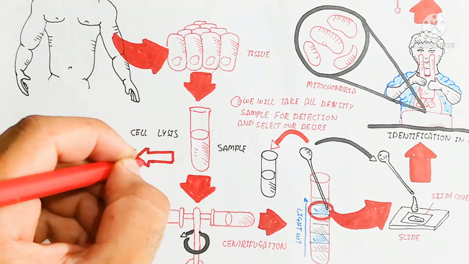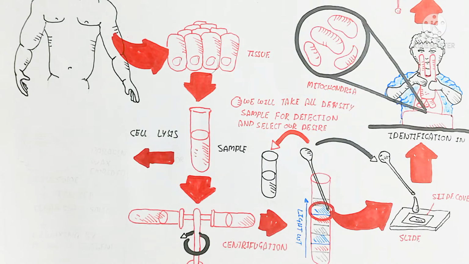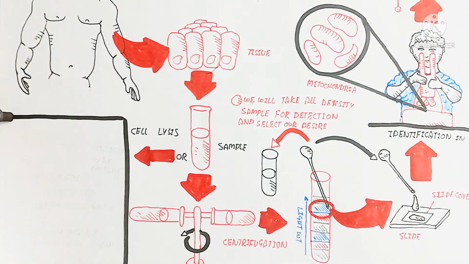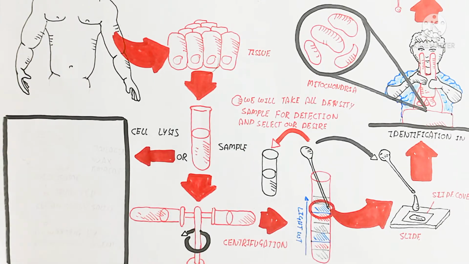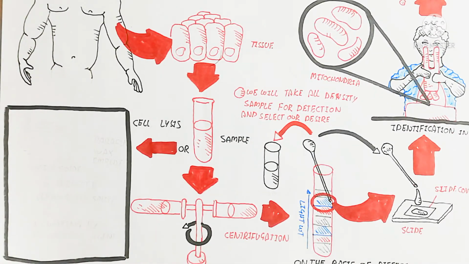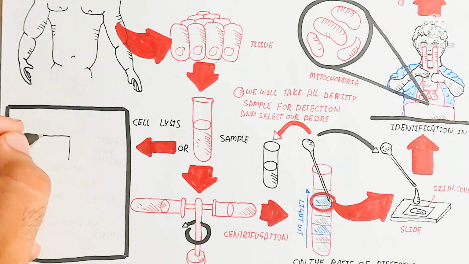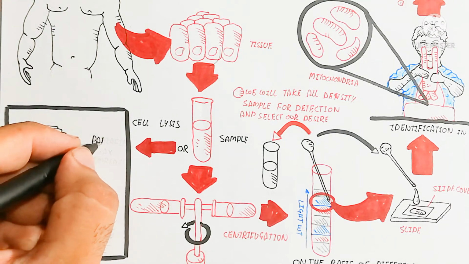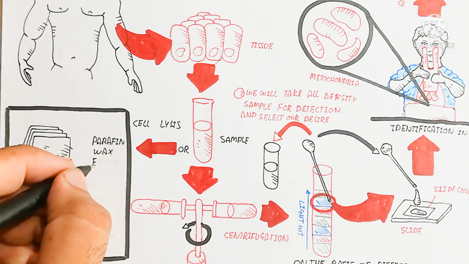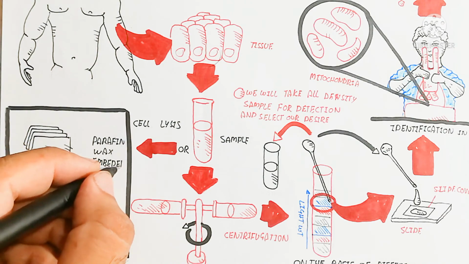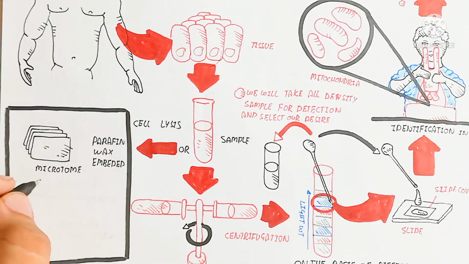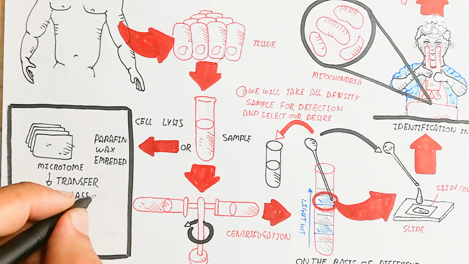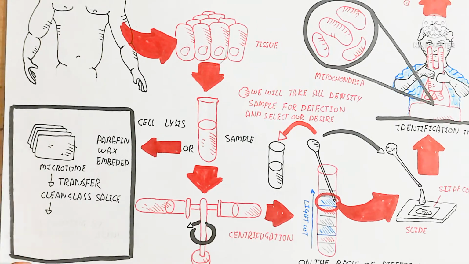A thin slice is created, many of them, and this thin slice is transferred onto a clean glass slide. Then dewaxing with a dewaxing agent is done to reveal the desirable molecule. After this, we can check the slide under the microscope to identify the molecule, and apply the antibodies again. That process is repeated.